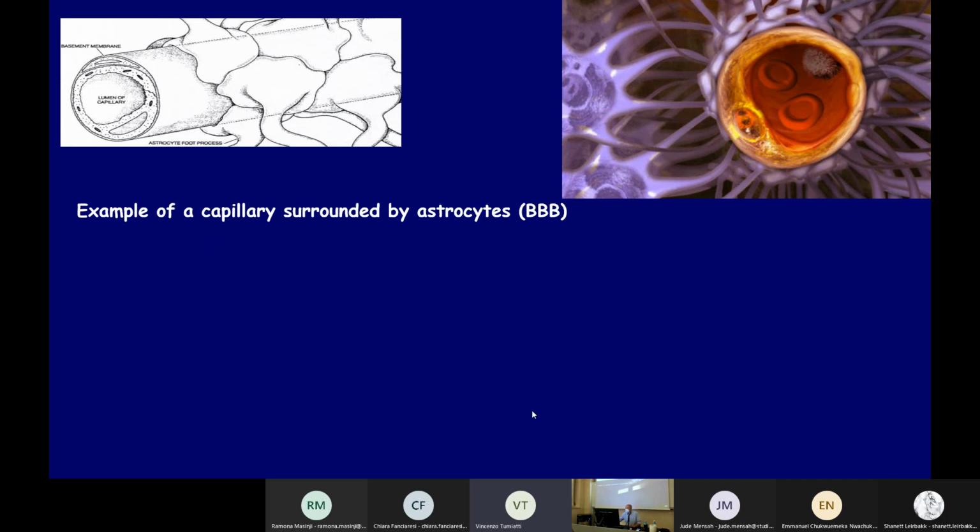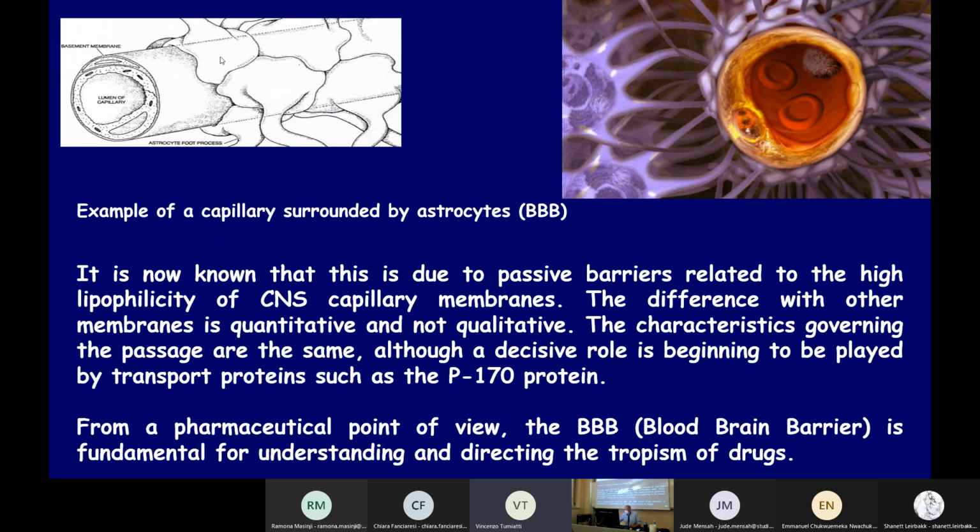Here you can see how this barrier is formed. In particular, it's formed by astrocytes. Astrocytes are important cells to support the life of neurons.